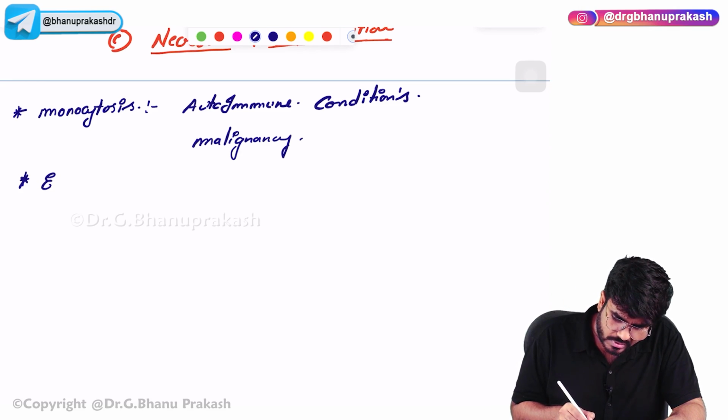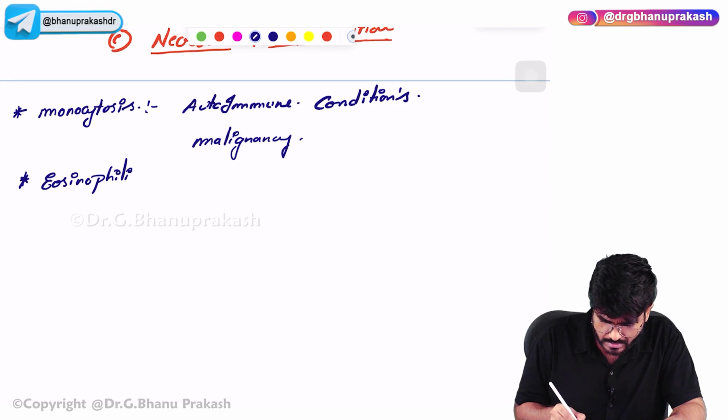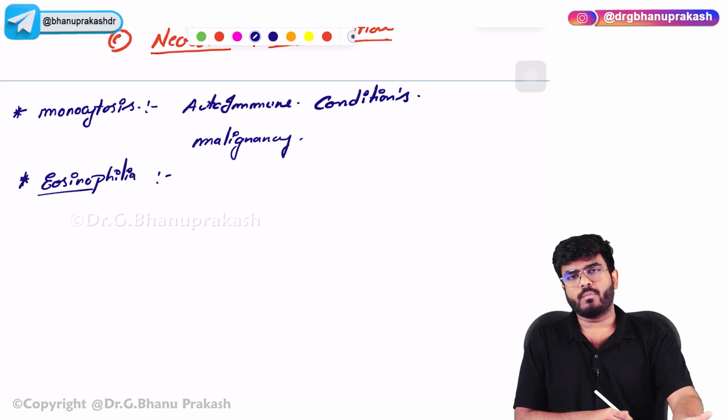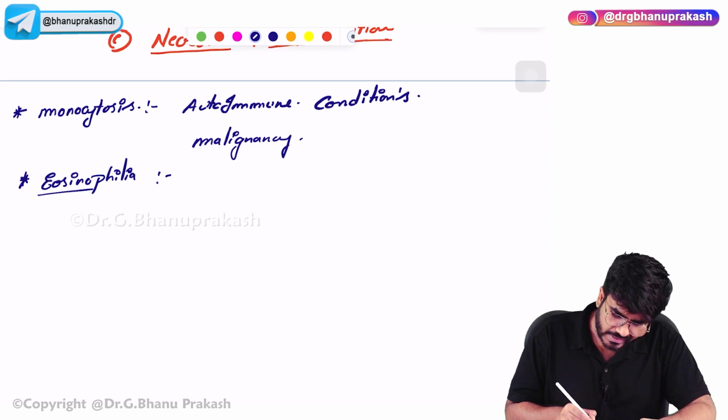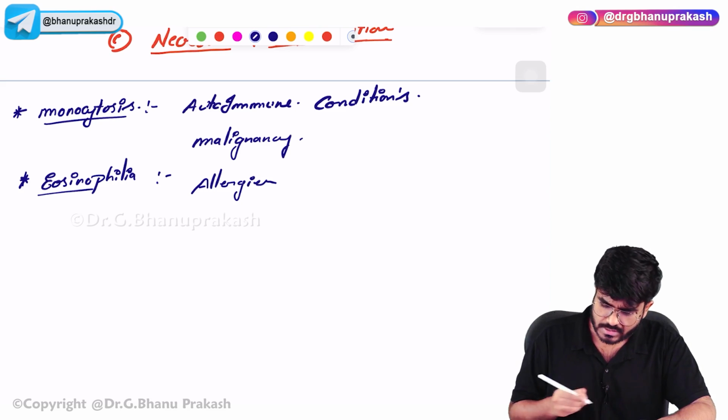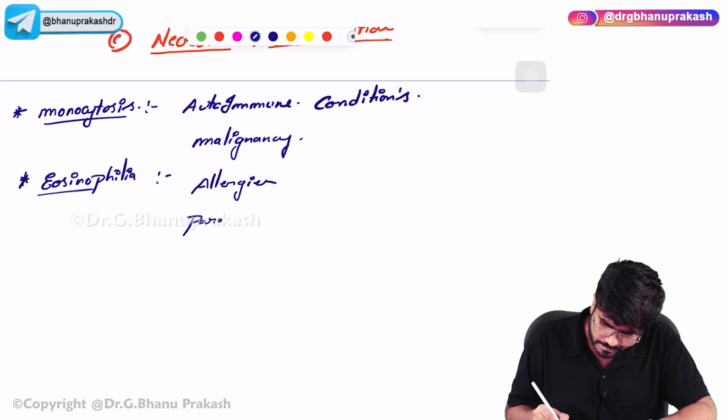Now let's discuss eosinophilia. What exactly is eosinophilia? In the name itself, it's there. Eosino means eosinophils, so eosinophilia means more eosinophils. In which conditions is it seen? Especially allergies, allergic conditions or parasitic infections.